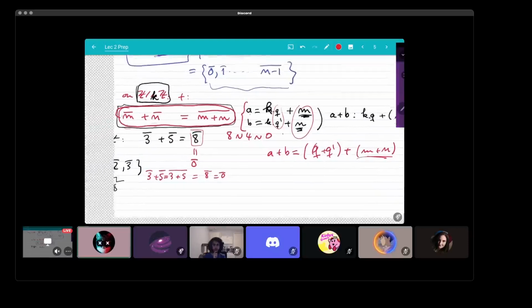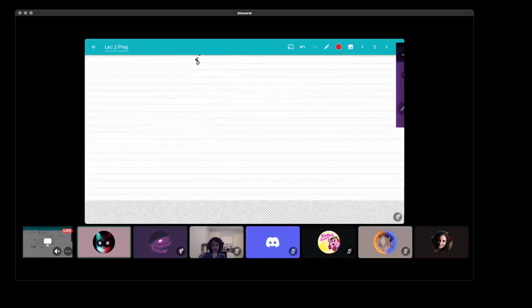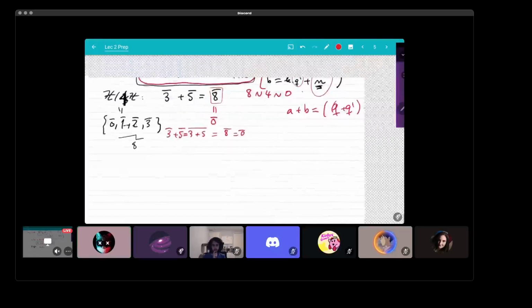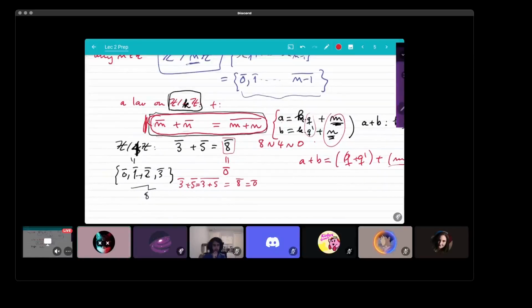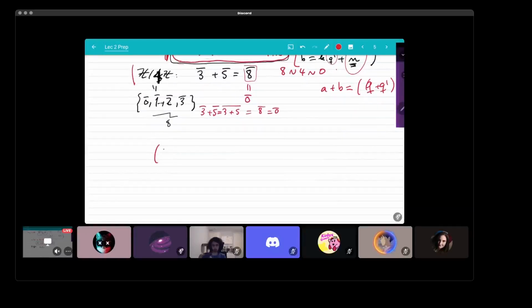In a more general sense, we have defined an addition on the quotient set, and so Z over nZ with the law plus is a group.